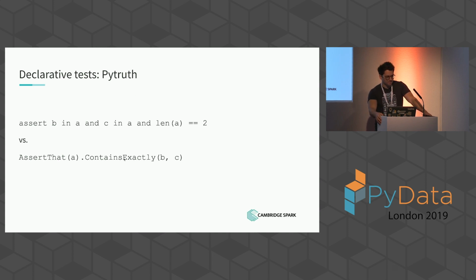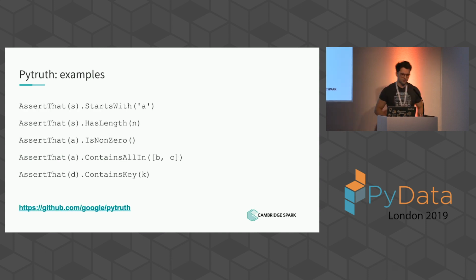Now, assertion libraries, and PyTruth is one assertion library developed by Google, tend to bridge the gap. So another way to write this would be to say assert that A contains exactly B and C. And keep in mind here, we've not specified the order, right? So C and B might appear in different orders. So we just care that they are contained in this list, okay?